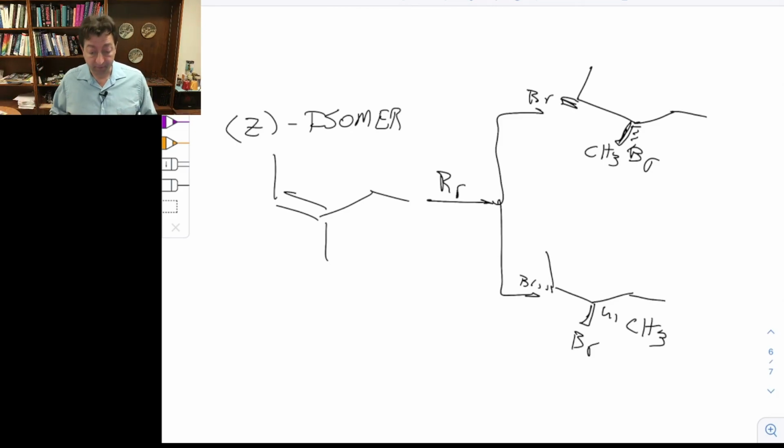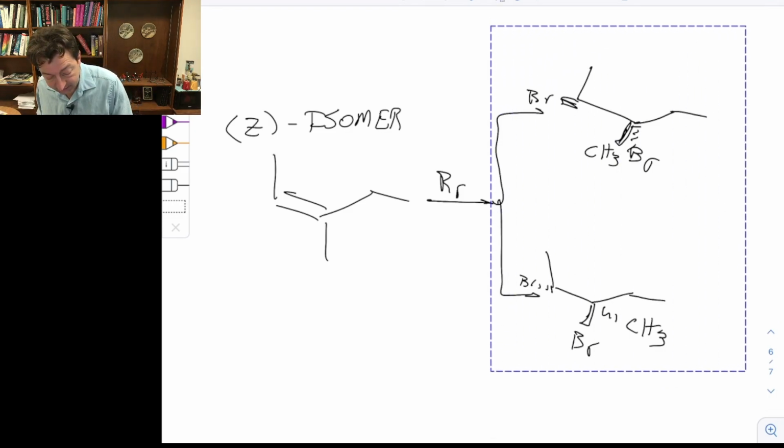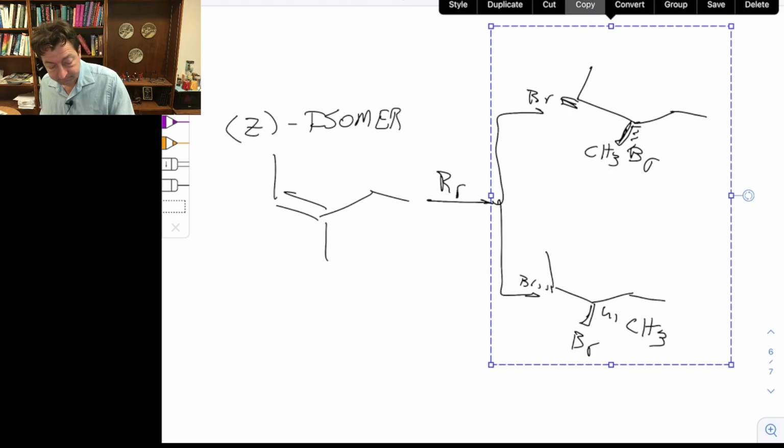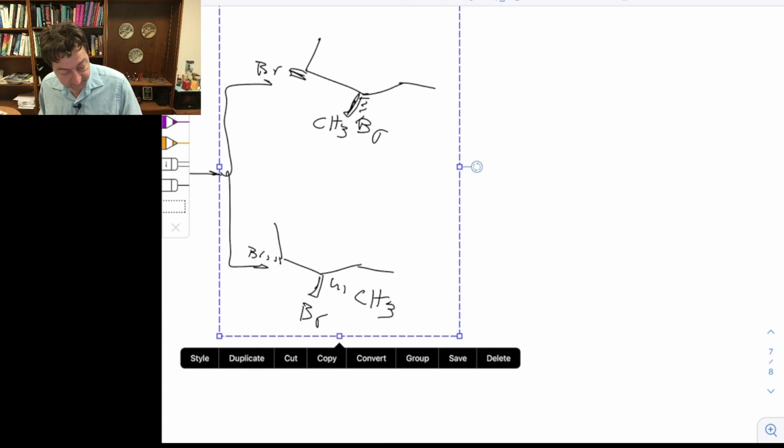But now, of course, if we're looking at those, we recognize those are not the lowest energy conformations. So I'll put those on a fresh screen here.